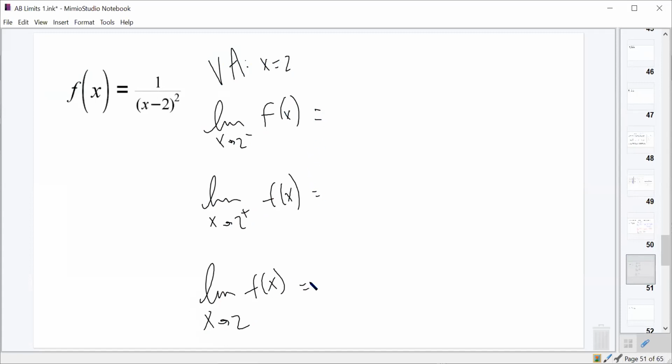From the left-hand side, that's something like 1.9999999, which gives us a very small negative inside those parentheses, right? But when we square it, it becomes a very small positive, making this infinity.